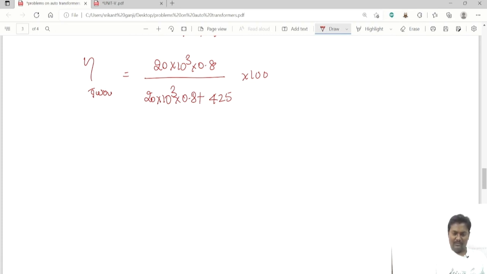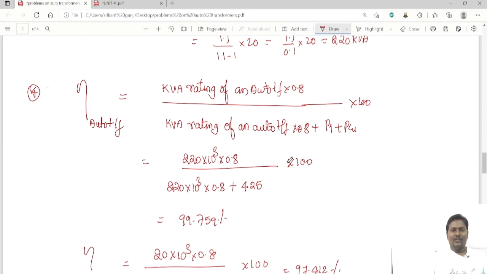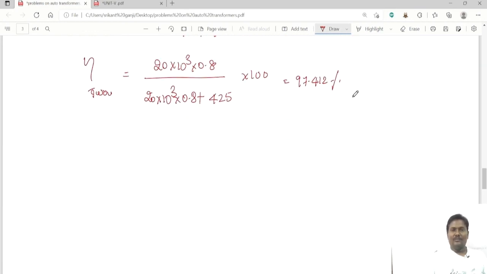You can see now, I am using the calculator: 97.412%. So for the auto transformer the efficiency is 99, and for the two winding transformer I am getting 97.412.